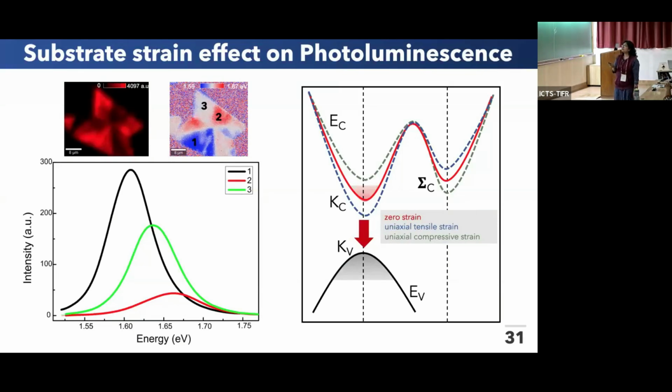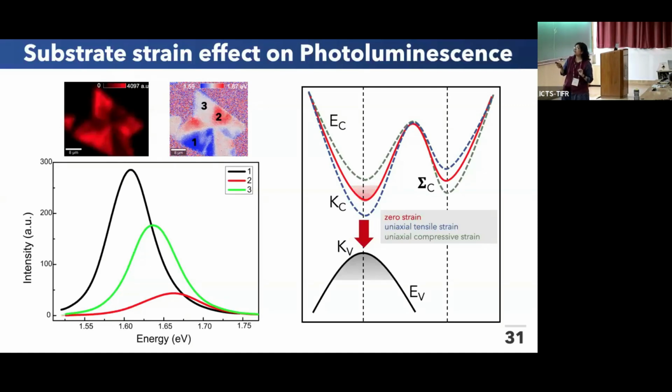Along with that strain, we also see that on one side the PL was quenching, on the other side PL was enhancing, and the peak was also getting shifted. If you take the spot PL spectrum, region 3 is here. This is the PL for region 3, where there is no strain. For region 2, we see that the PL is shifted to higher energy, as well as there is a reduction in intensity.